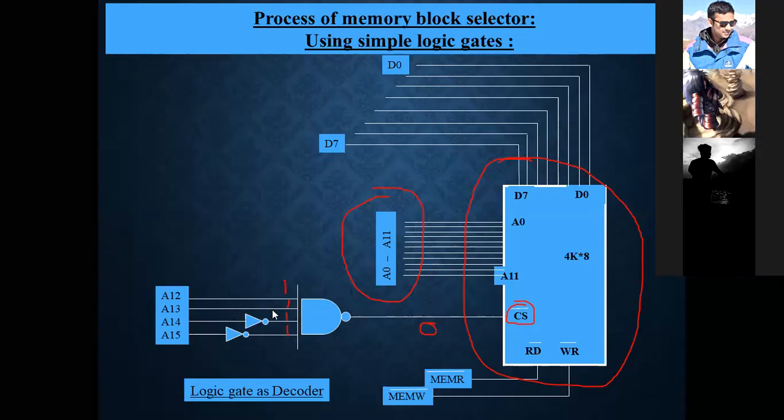A12 and A13 are directly connected, but A14 and A15 are connected through a NOT gate. So these will be 0 and 0, and the rest will be 1. So we put these values as 0, 0, 1, 1.